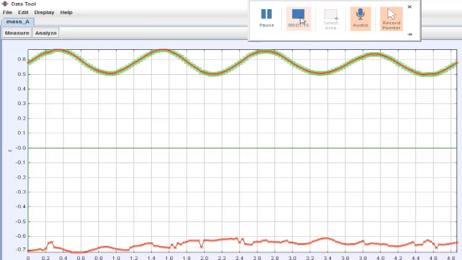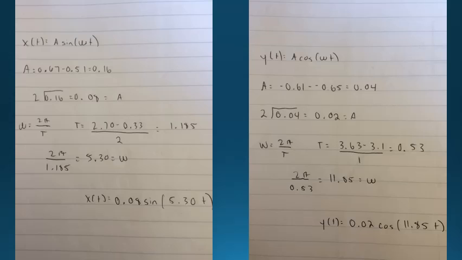So these two pictures are just showing the work I explained in the previous slide, with the x equation being on the left and the y equation being on the right. For the x equation, I determined that it should be a sine equation because at t equals 0, it is at equilibrium, and I determined that the y equation should be a cosine equation because at t equals 0, the graph is at a maximum amplitude.